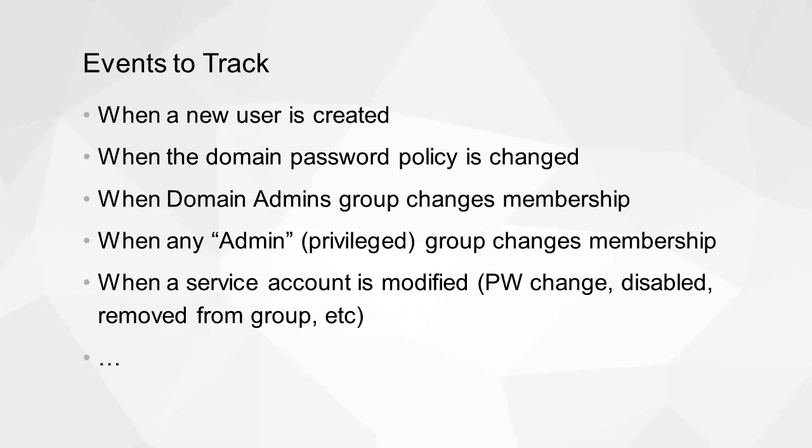But if I can actually get a report, an alert of when a group with privileged access changes, that is extremely powerful information. And I possibly even want to know when a service account is modified. Not just the password changed, but if the account is disabled, if it's removed from a group, any of the settings around service accounts, because service accounts are so important, then it becomes vital for me to track this information.